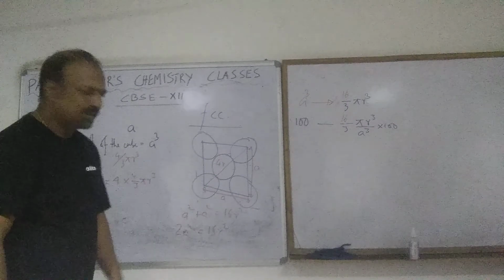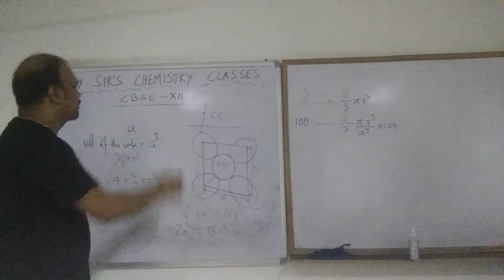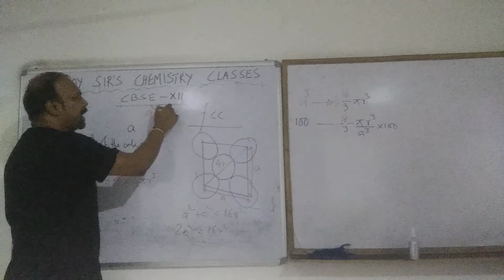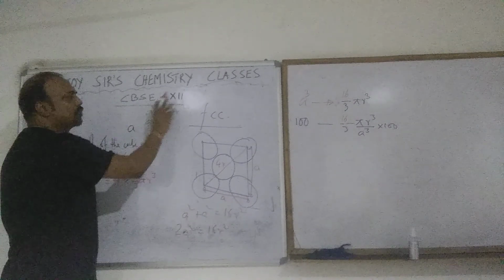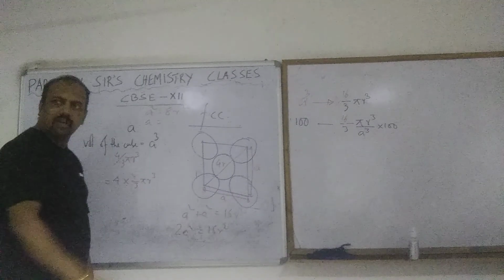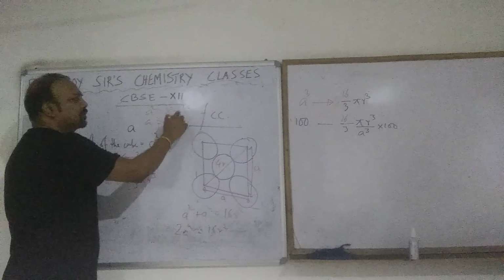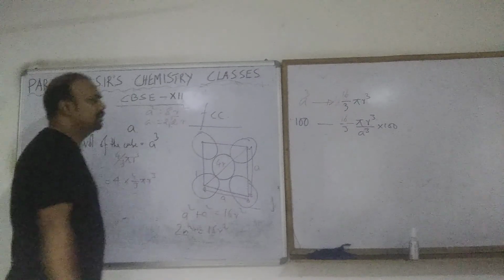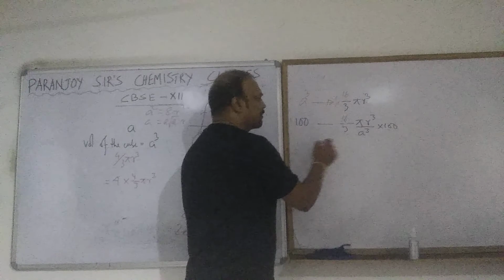So a square is equal to 8r square, so a is root 8 r. Root 8 means 2 root 2, so a is 2 root 2 r.